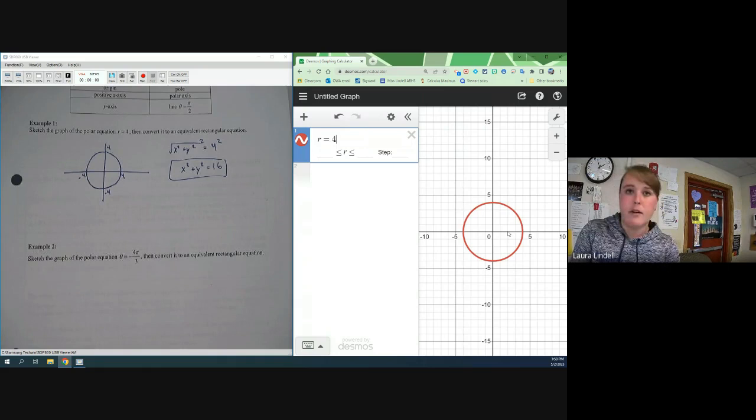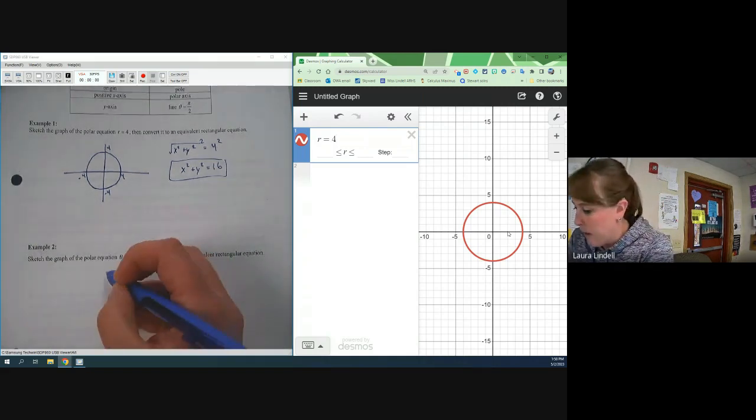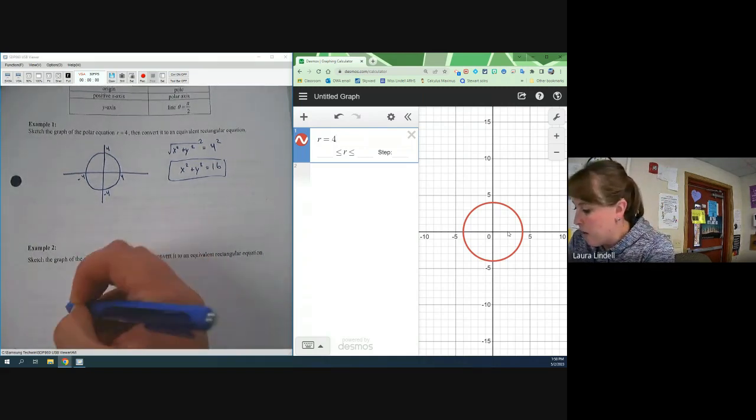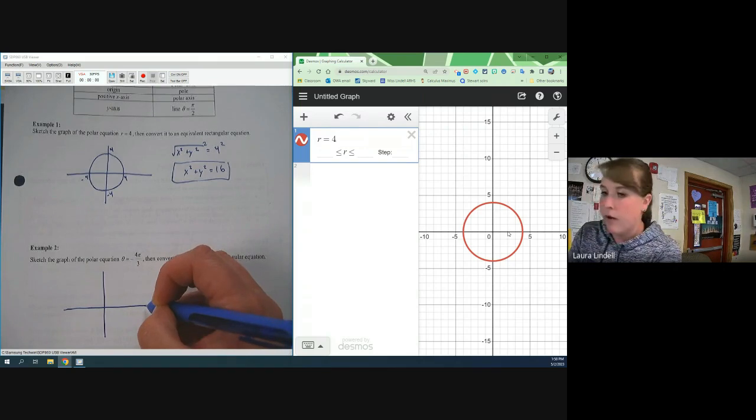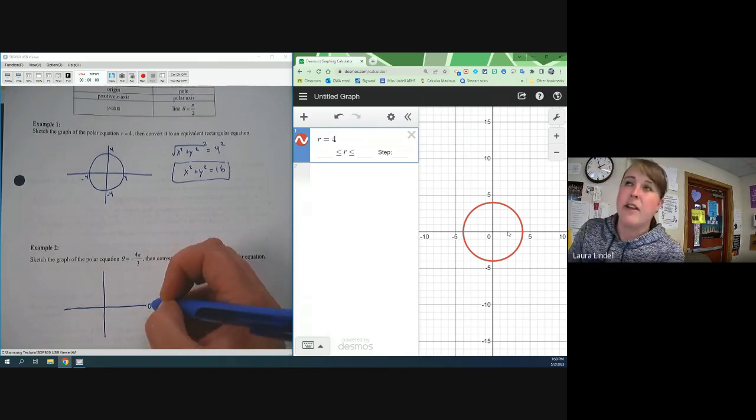This time we are going to sketch the graph of theta equals negative 4 pi over 3. So if we think about, again, our polar grid, which starts off with theta equals 0 here, and we're going to negative 4 pi over 3, I find it easier to think in positive radians especially.